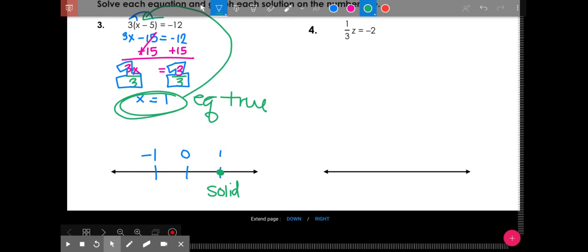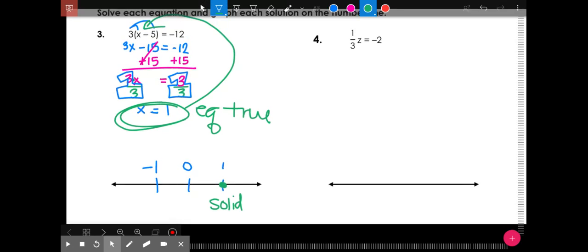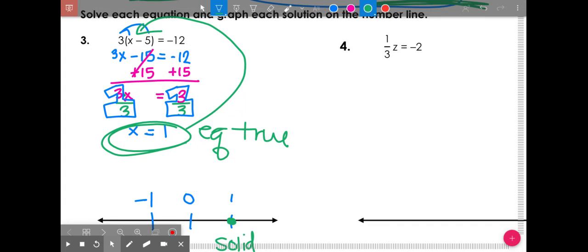Okay, next one. I'm going to leave this where you can see both for a second. I want you to be looking at 3 and 4. Look at 3. You see how I had 3x on this step right here. When I had 3 in the numerator, I needed a 3 in the denominator to make a 1. I need that same thing to happen on number 4.